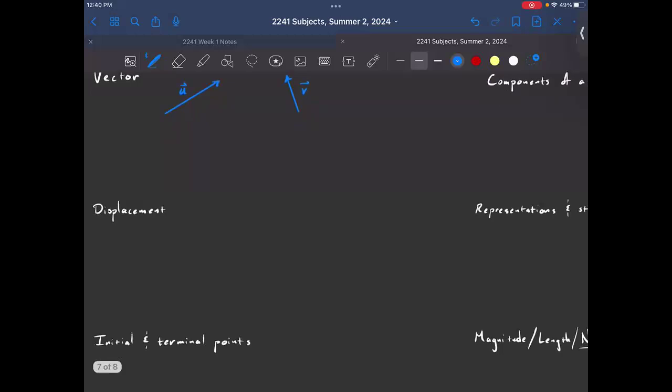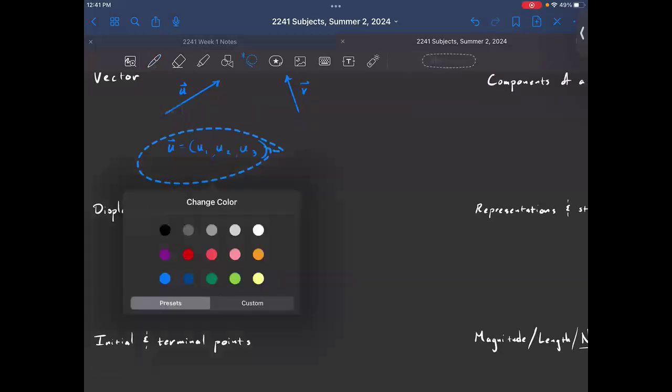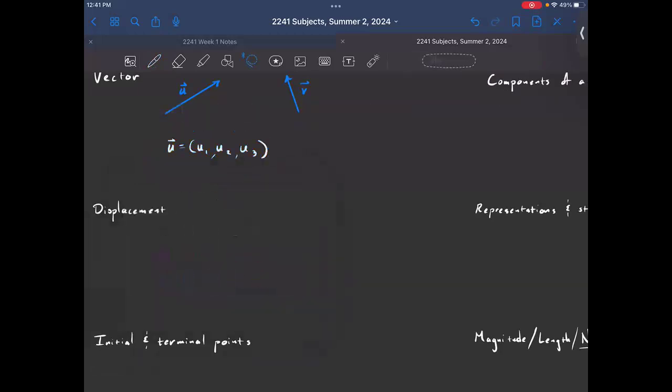Another way of thinking about vectors is algebraically. They are lists of points, U1, U2, and U3. Same for V. Let's put that in white, make it a little more visible. There we go. So they're lists of points.